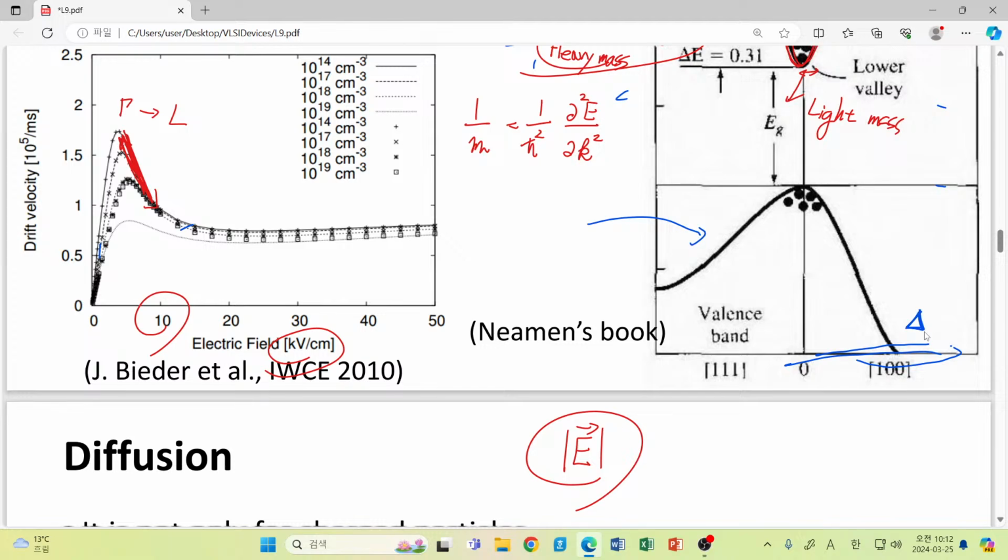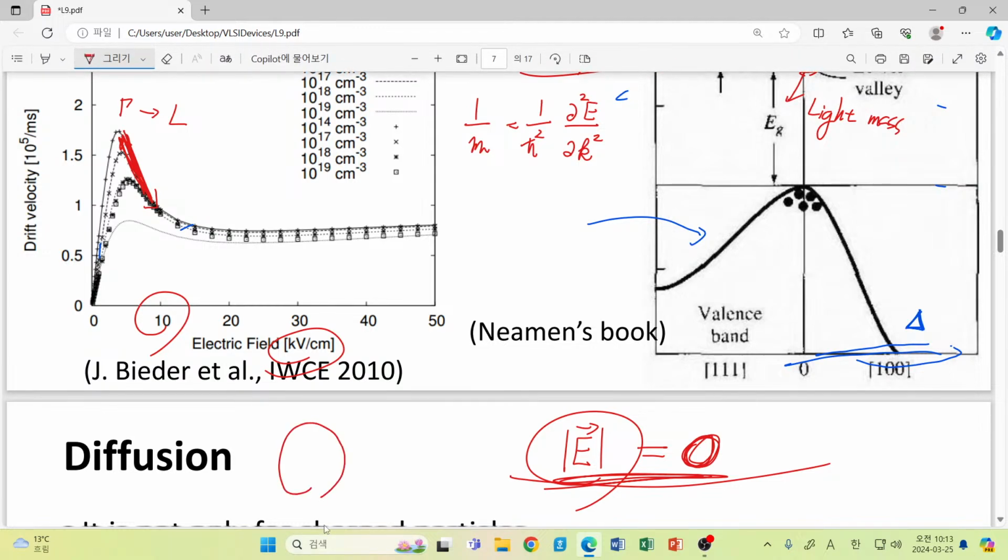Then the natural question is, if we go to exactly zero electric field, then there is no way for us to generate electrons in motion. If we don't apply any electric field, then no current will flow. If we accept only what we have up to now, then that is the case. But everybody understands this is not the case.